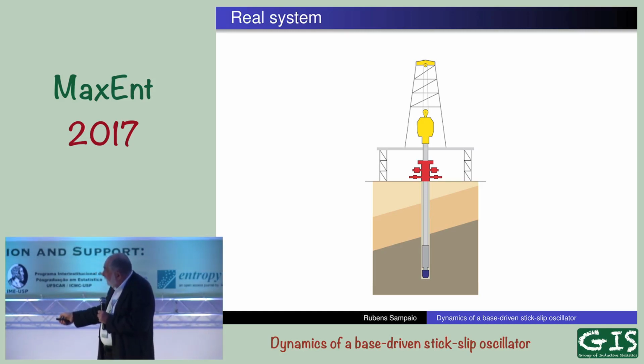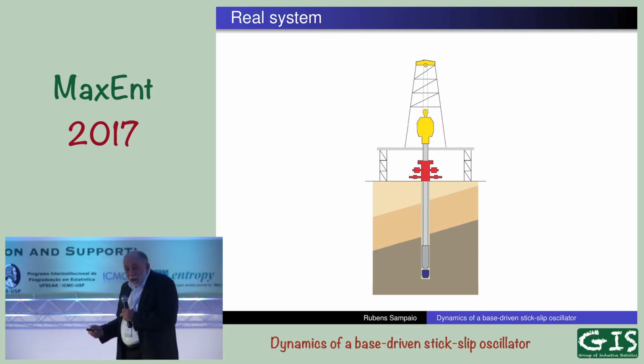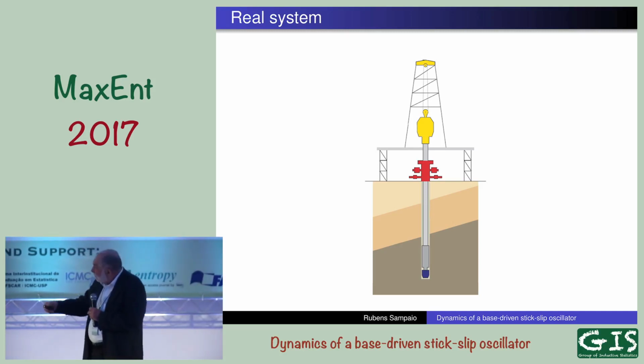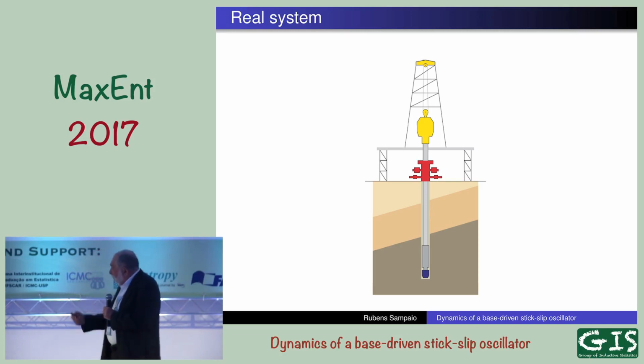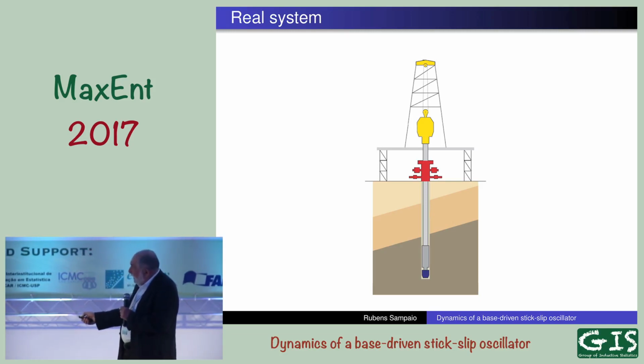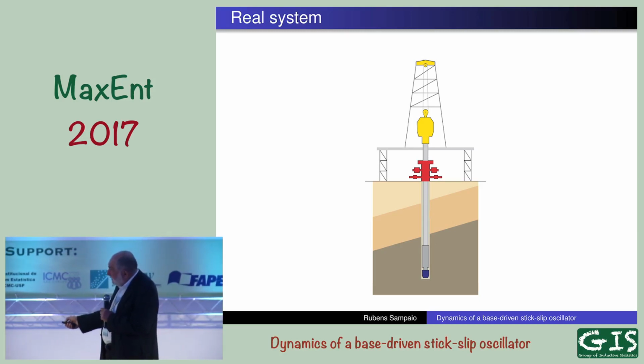So the bit stops, and the top starts to rotate. So the drill string works as a spring. You start to have potential energy, elastic potential and resistance. Then suddenly this thing frees itself, and the thing continues.